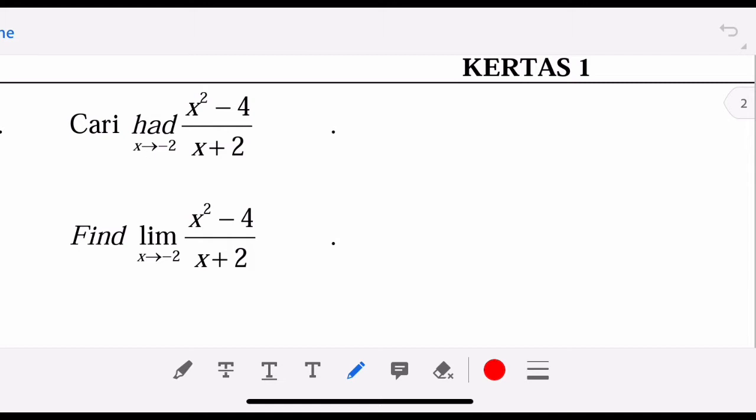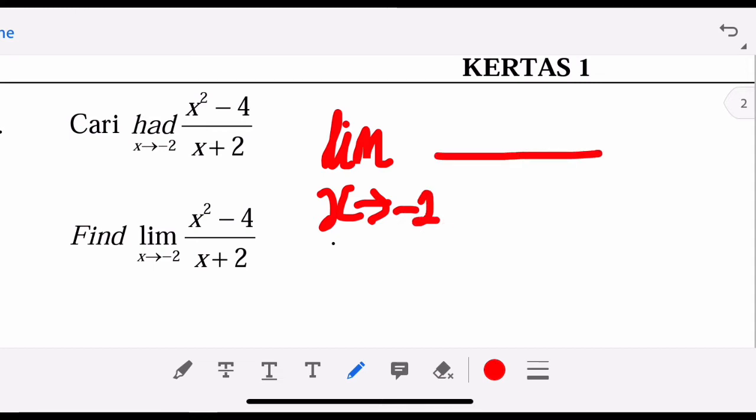Okay, when you have this type of function, the way to do is you have to factorize. Substitute -2 into the function, you will get -2 squared is 4 minus 4, and -2 plus 2, you will get 0/0, right?